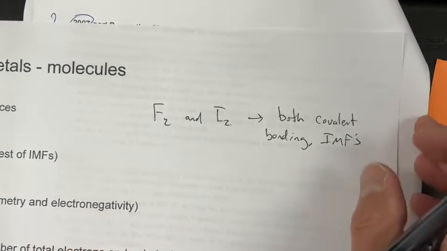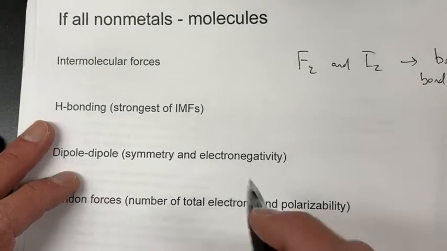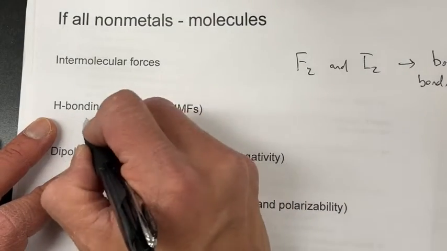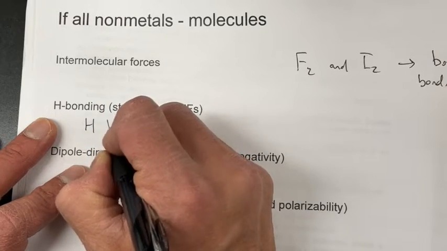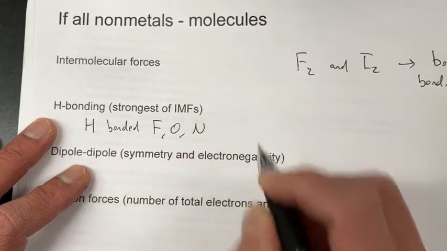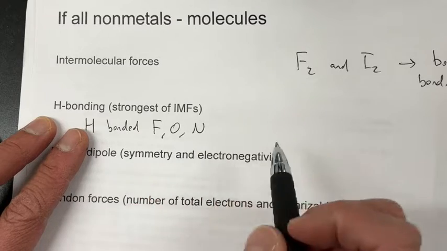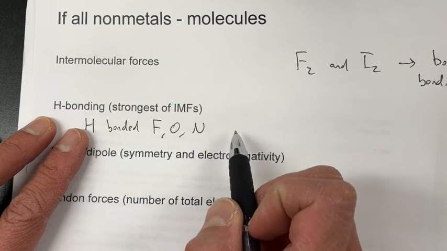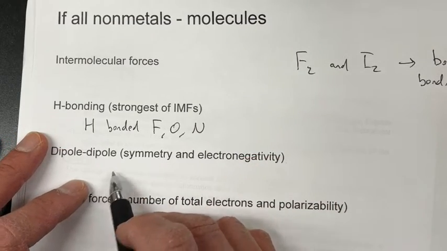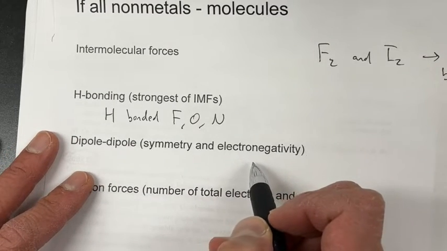And then I usually make a table. Let's talk about the intermolecular forces again, just to review. Hydrogen bonding means I have an H bonded to F, O, or N. You have to have H covalently bonded to F, O, or N, and once you have that, there are hydrogen bonds. Dipole deals with the symmetry and electronegativity of the molecules.